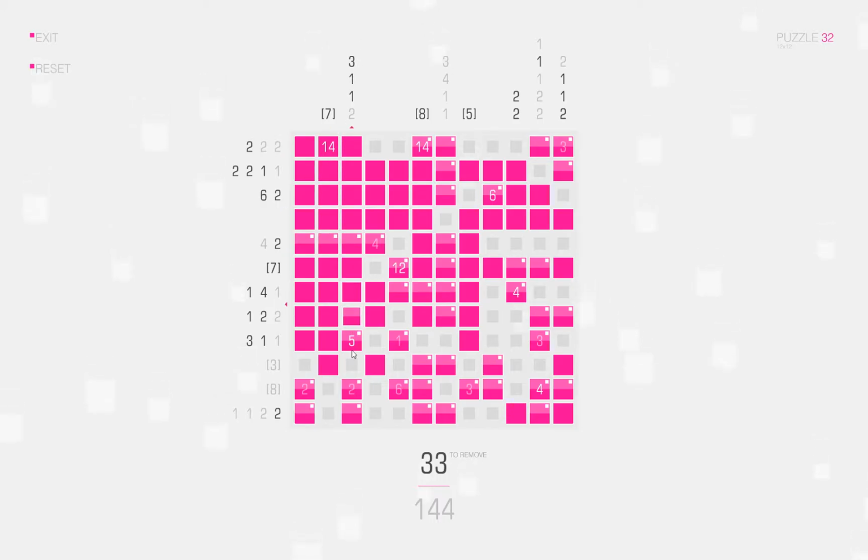And in this column, we have 3, 1, 1, 2. The last 2 is here. The 1 is here. We disconnect the 1. And there's something here. We don't know if that's 1 or 3. If it's a 3, it could actually go this way, and the 1 could be here.